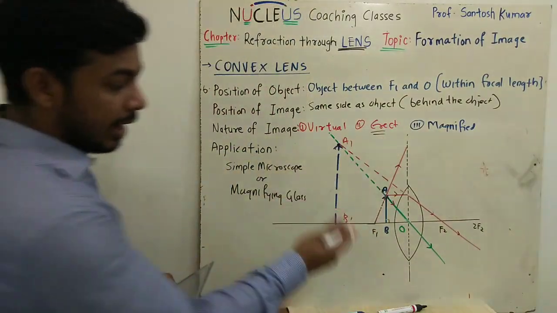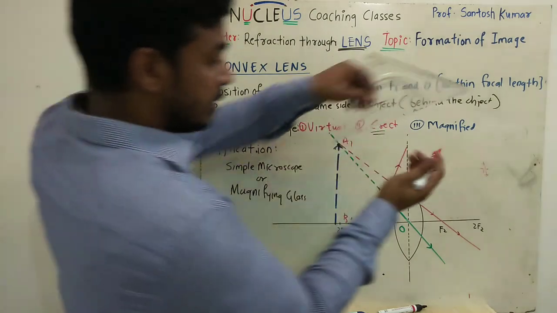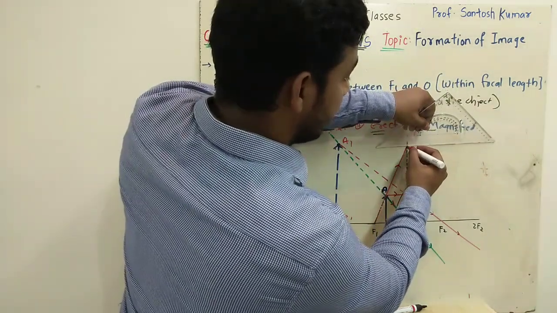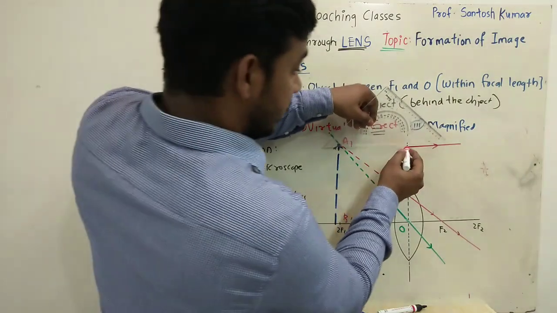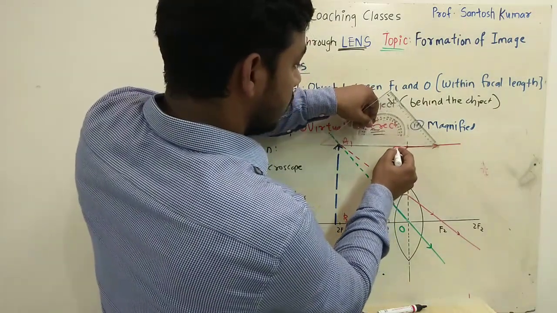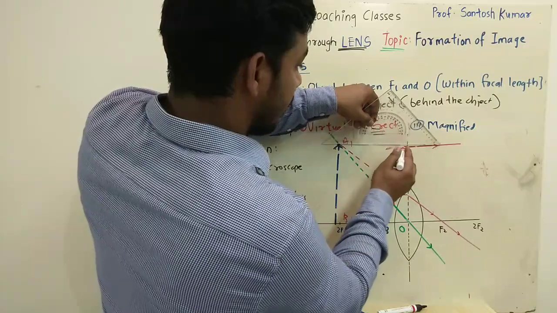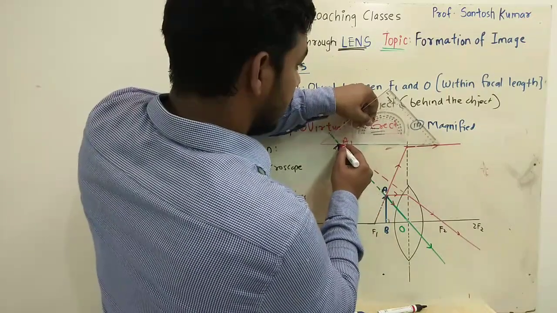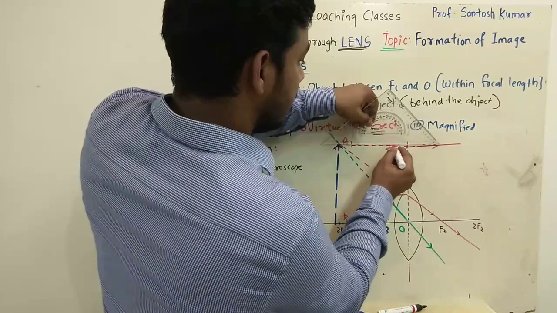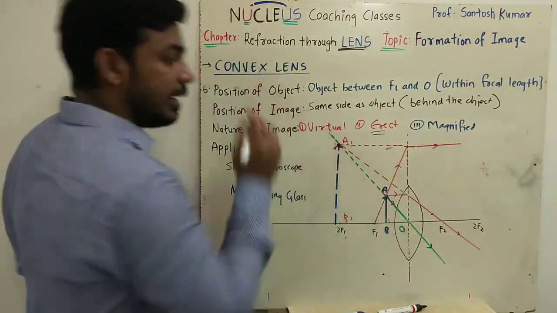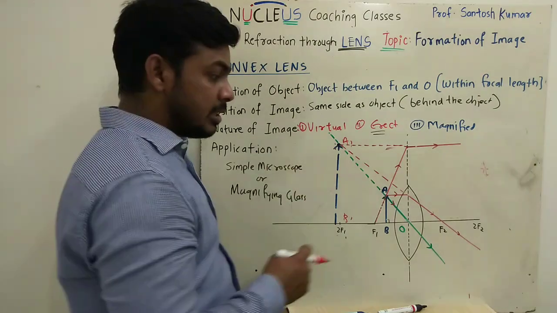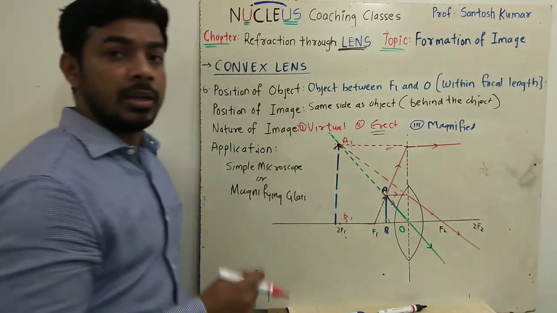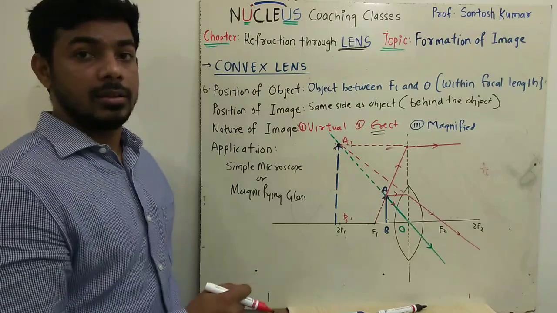If a ray passes through F1, then after refraction it will travel parallel to the principal axis, and if I trace it backward, you can clearly see that it is meeting at this point. So this is the third ray. I suggest you not use this third ray unless it is asked.